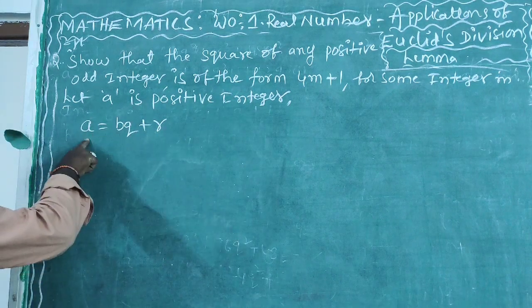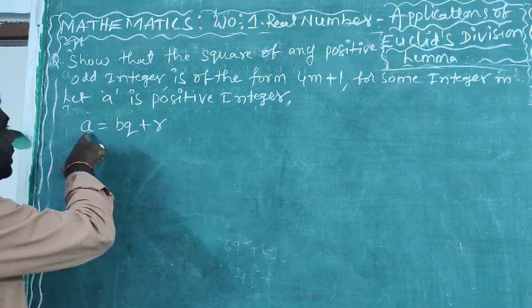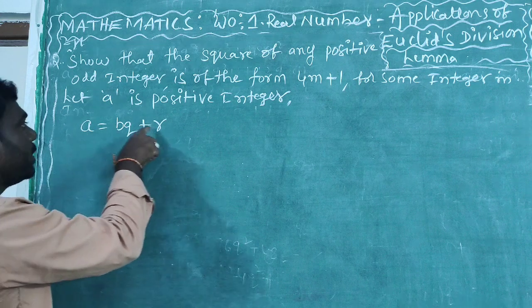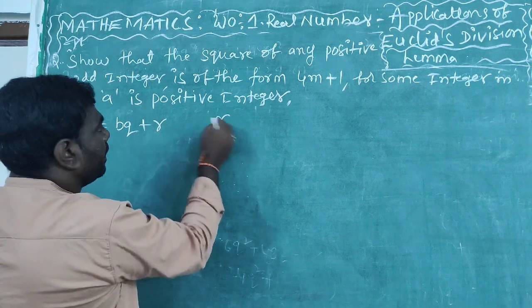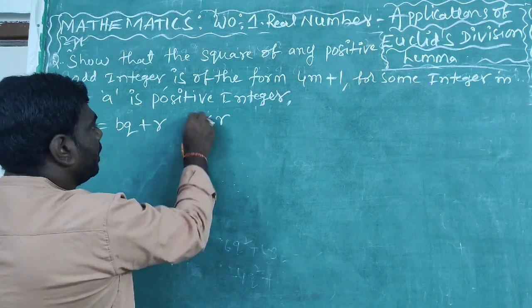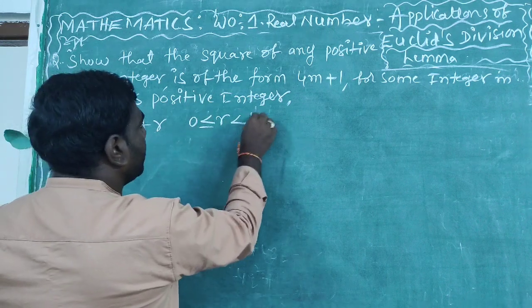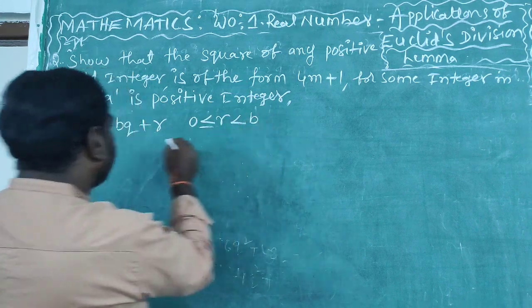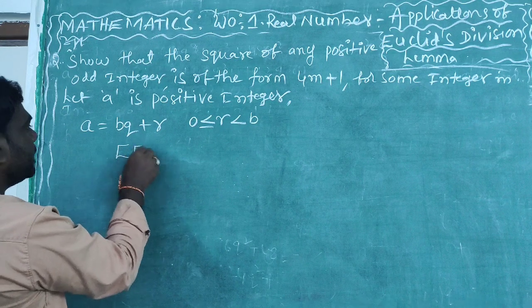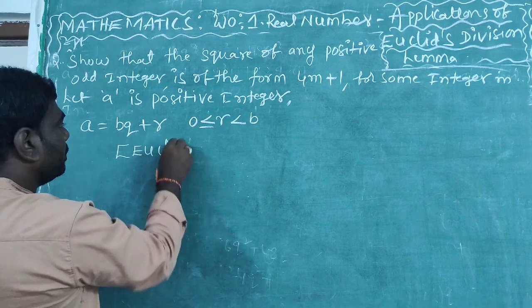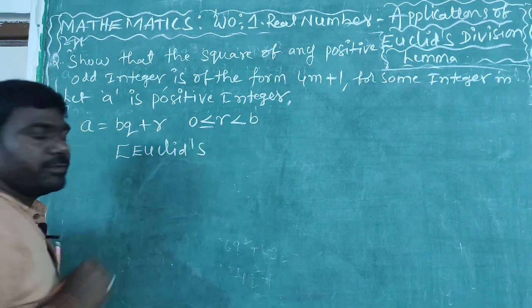A is a positive integer means it is of the form a is equal to bq plus r, where r is greater than or equal to 0 and less than b. What is the name of this statement? Euclid's division lemma. Why are we taking Euclid division lemma?